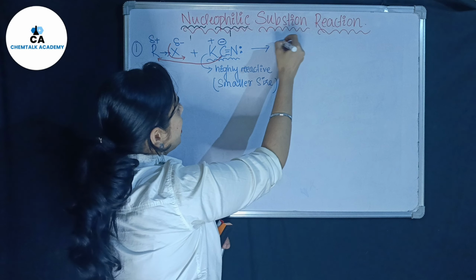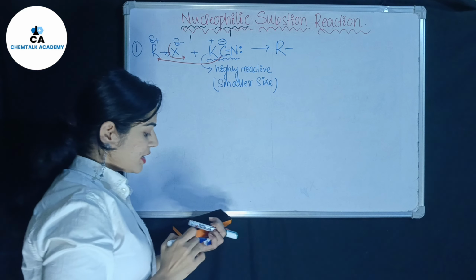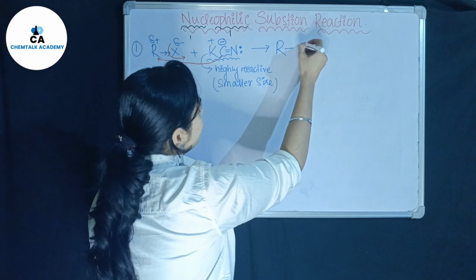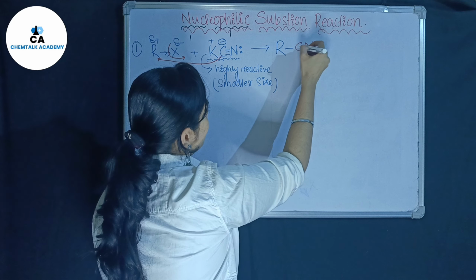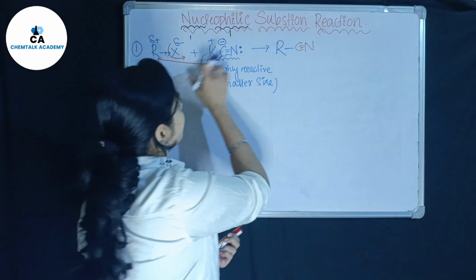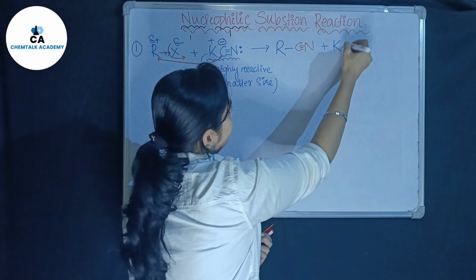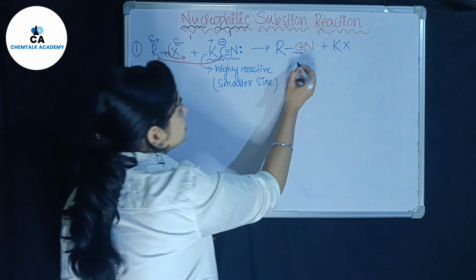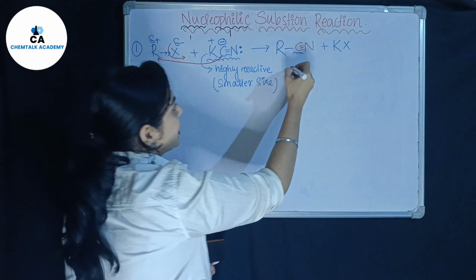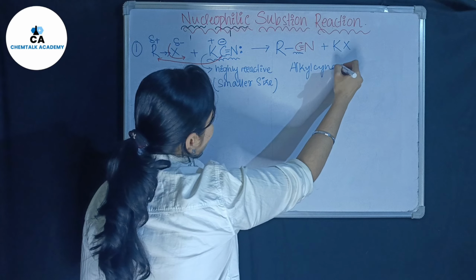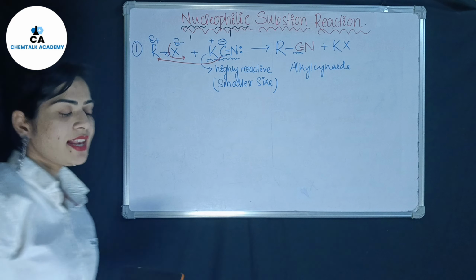Our product will be R, with the linkage from C: R, C, N, and then KX. So the linkage here is from C. What is its name? Cyanide. We are getting alkyl cyanide.